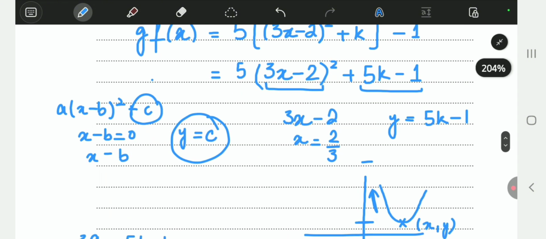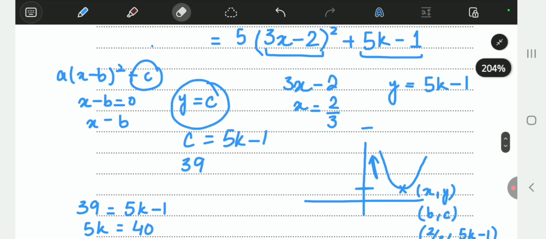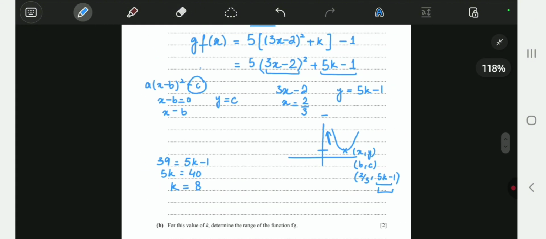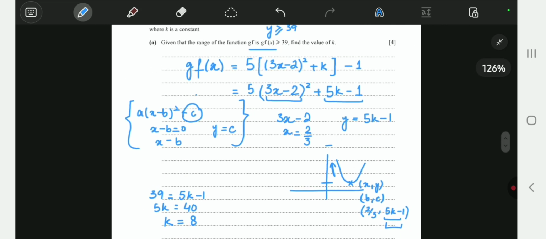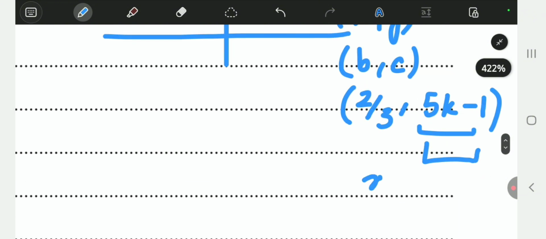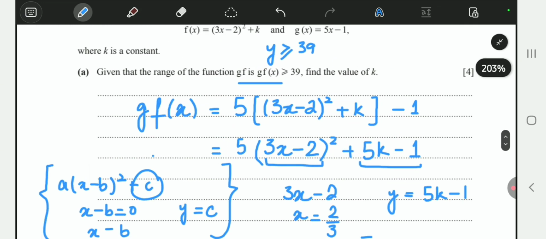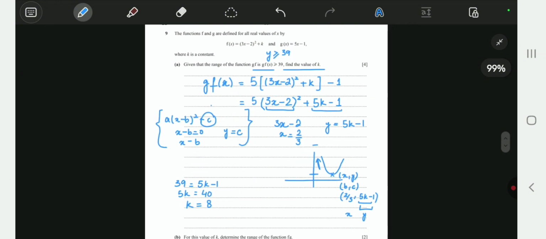So this c equals 5k minus 1, and this c is given to be 39. From here we extract that k is equal to 8. I hope this makes sense to you. This is the value of k they asked us to find. So this is your 9 part A. I hope you get it.